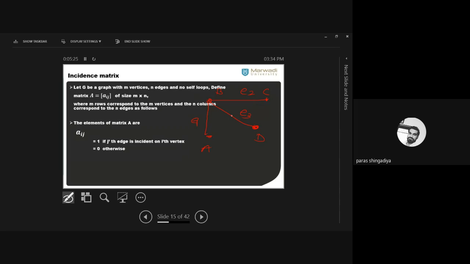Now let's draw the matrix for this graph. How many vertices are in this graph? 4 vertices. And how many edges? 3 edges.